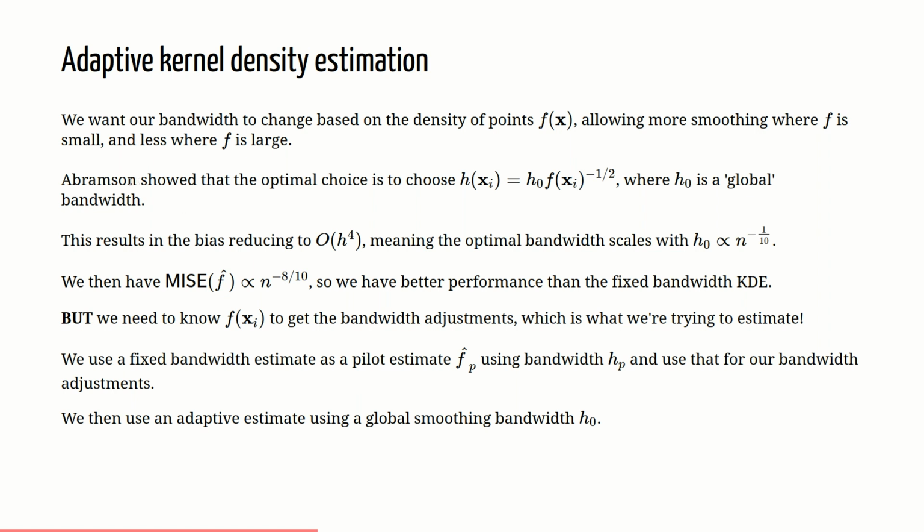Okay, so Ian Abramson showed this, I think it was about the early 1980s, 82 I think. Essentially, if you scale the bandwidth by 1 over the square root of the density, multiplied by some average global smoothing parameter, so you can still alter the smoothing overall, it's just that within each of the regions that's then scaled up or down depending on the sparsity of the data, then your bias reduces to order h to the 4.